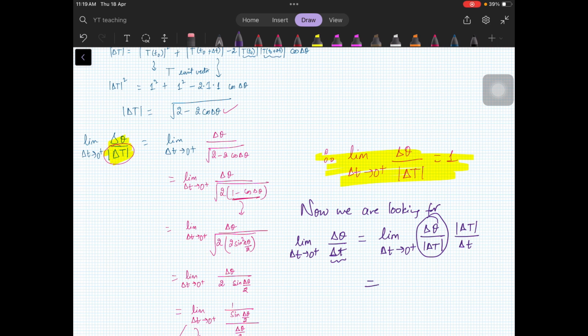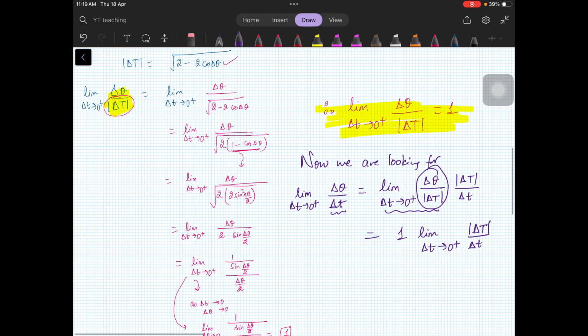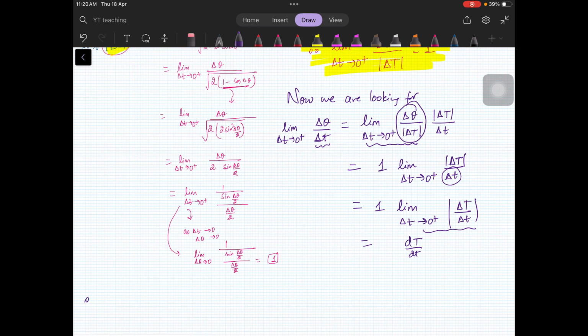We just calculated that this quantity is 1. So this is 1 times limit of del t going to 0 from positive side modulus of del t upon del t. So this is equal to 1 times limit del t going to 0, because del t is positive, so I can take it inside the modulus. So what is this? This is nothing but modulus of dT by dt. So we get that limit del theta by del t going to 0 is equal to dT by dt modulus. Okay, this is modulus.